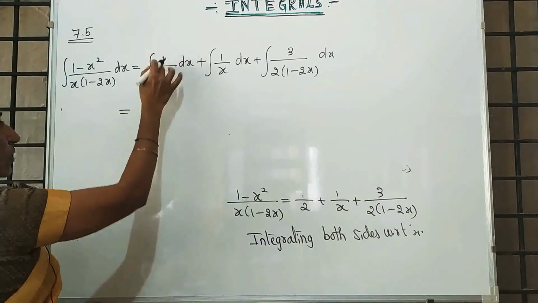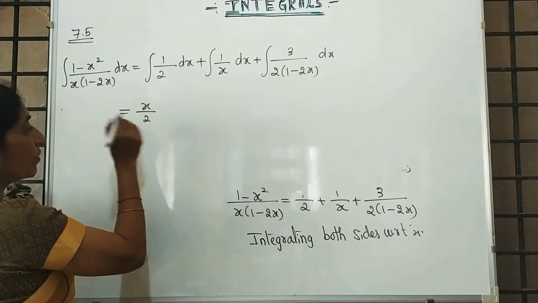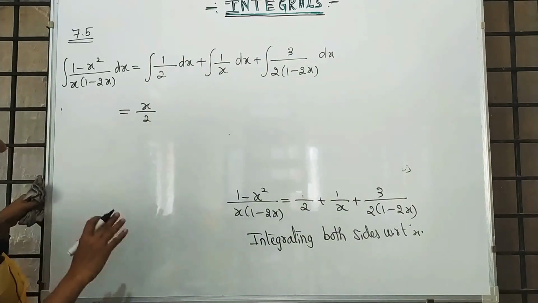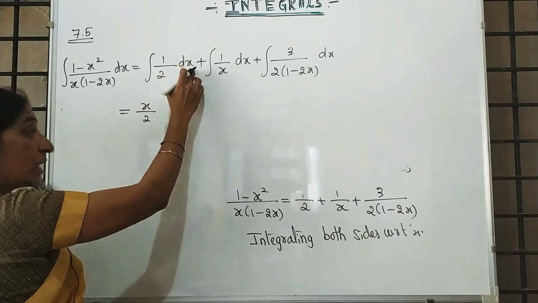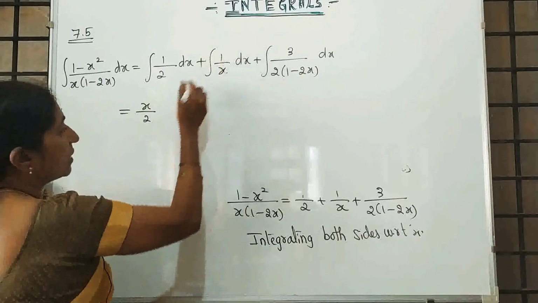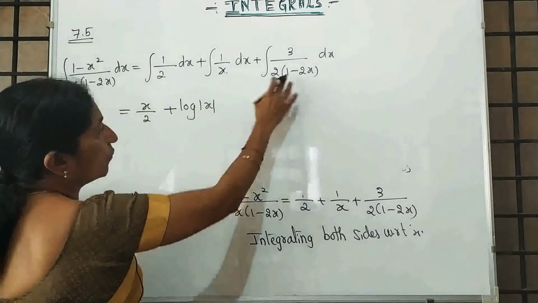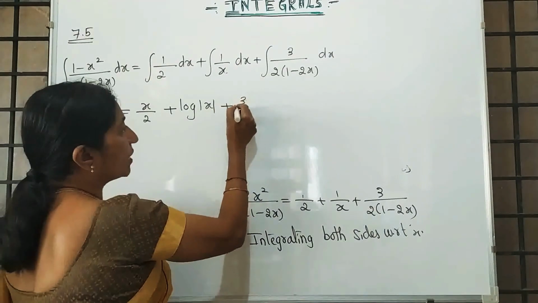Yes, 1 by 2 is a constant, it is a number, so it is x by 2, because when you integrate a constant, x comes, because with respect to x we are integrating. If with respect to y, then y comes. What is the integration of 1 by x? Log x. And for this one, 3 by 2 is a constant.